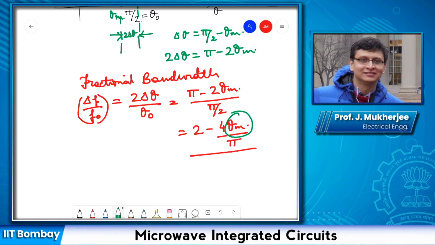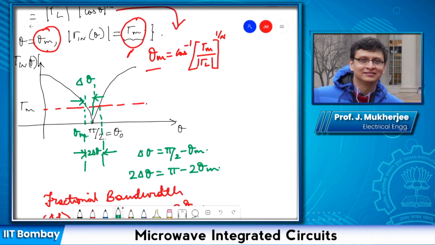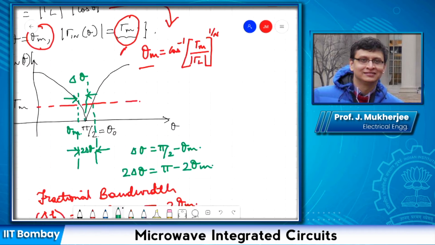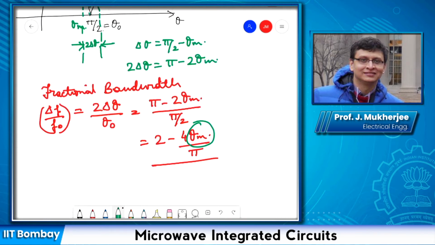Now, what might be obvious here is that the value of theta m becomes lesser with increasing value of n, capital N, which in turn implies that my bandwidth increases.